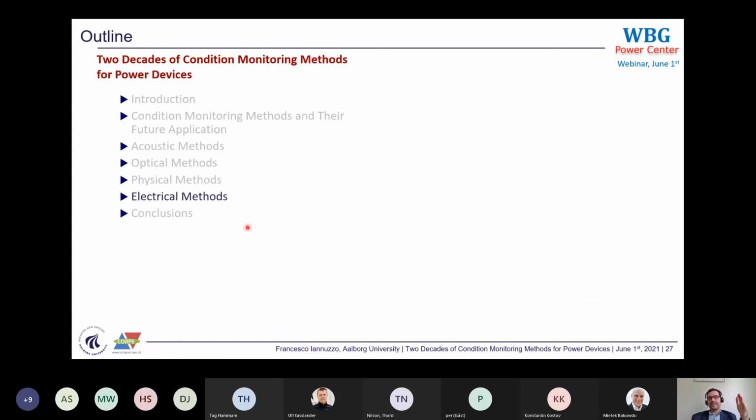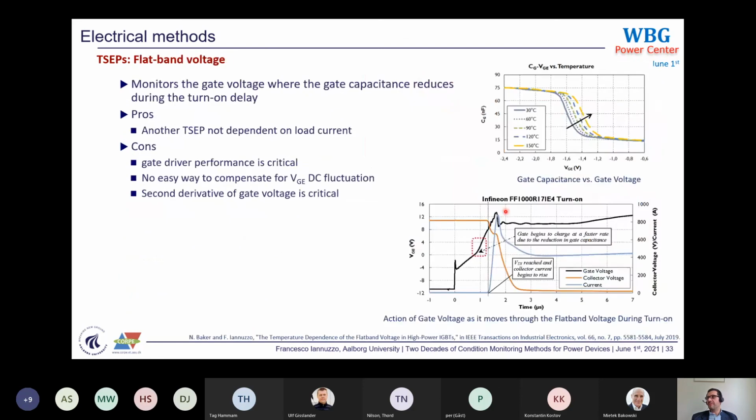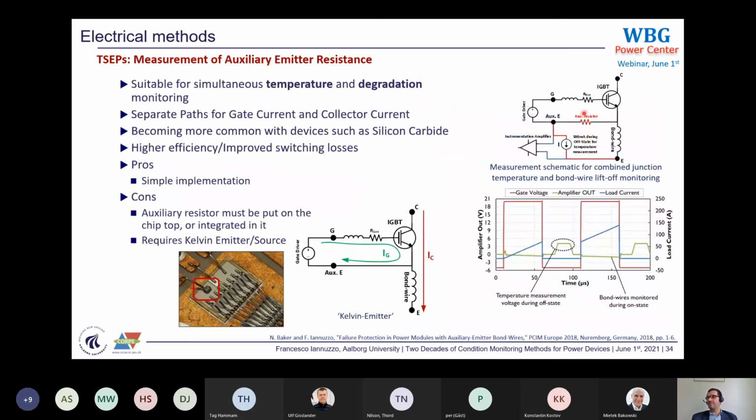But what I can tell you is something quite interesting. If you stick on this method here, the one based on the auxiliary resistor, it is possible to place one single resistor for one single chip. So each chip with its own resistor. And this is also under patenting process. I'm working on this.